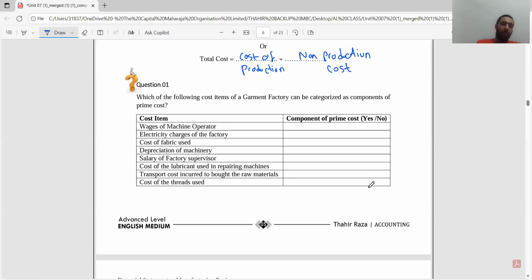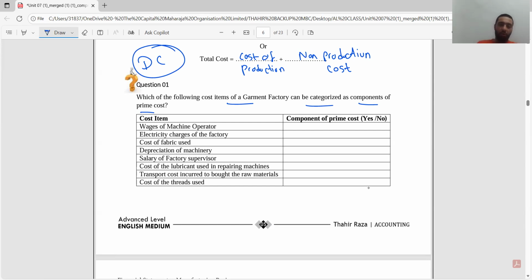Which of the following cost items of a garment factory can be categorized as components of prime cost? Now, prime cost means all the direct cost. Wages of machine operator, yes or no?